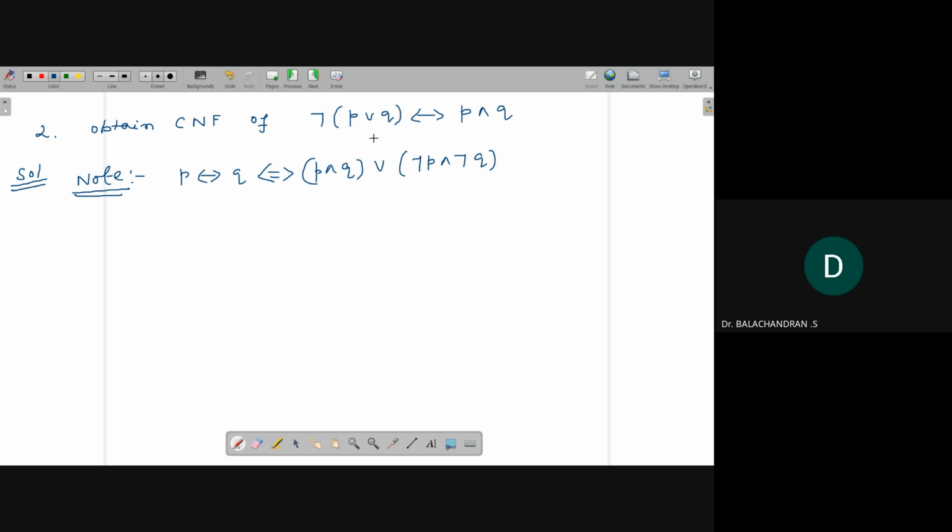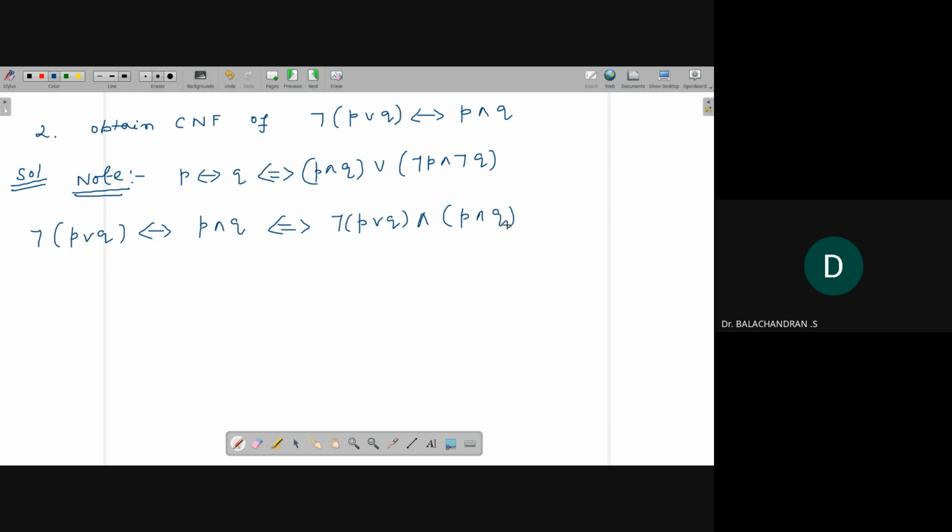Okay, now consider this is P, this is Q. So I'll take negation of (P or Q) biconditional (P and Q), which is equivalent to, you should write first P. P is negation of (P or Q), and then and Q. Q is (P and Q).